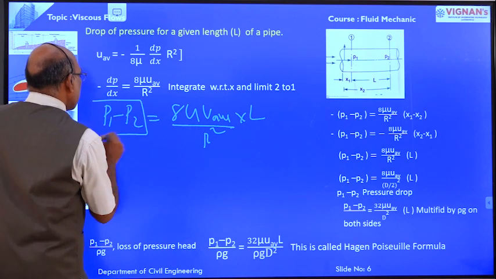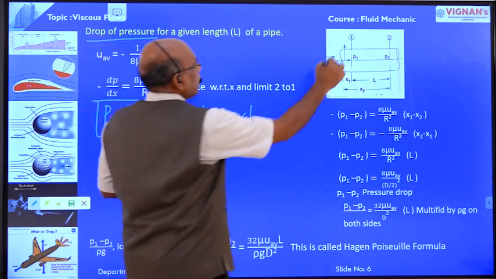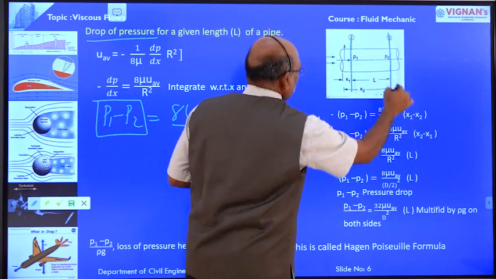P1 minus P2 is known as the drop of pressure, that is, the pressure drop from section 1 to section 2.